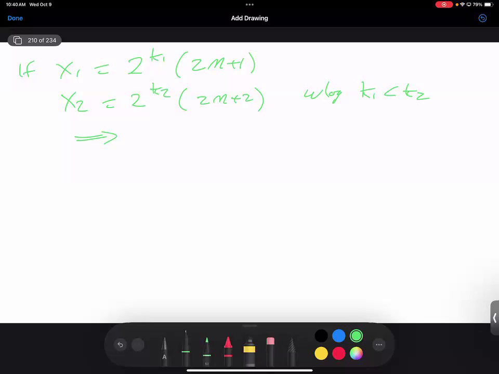We know x1 is less than x2, but we know more than that. They have the same odd part, and one of them has more powers of 2 than the other. x1 divides x2.